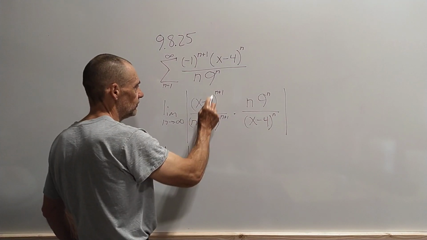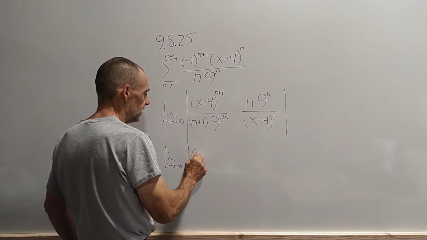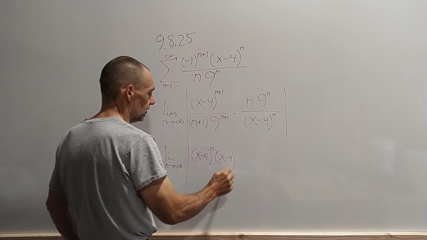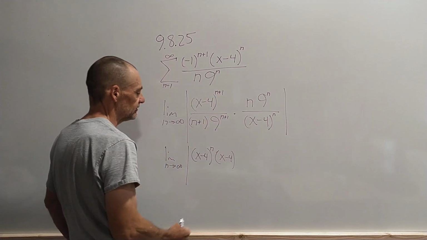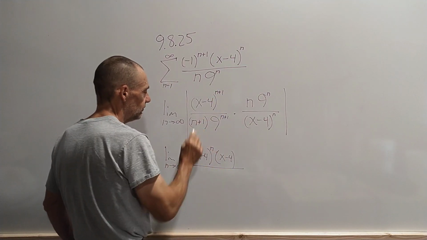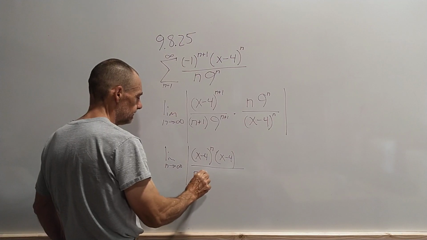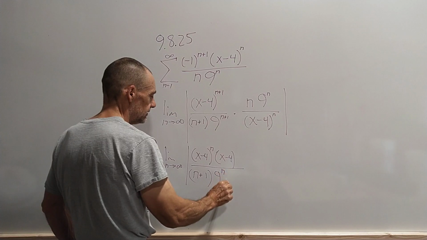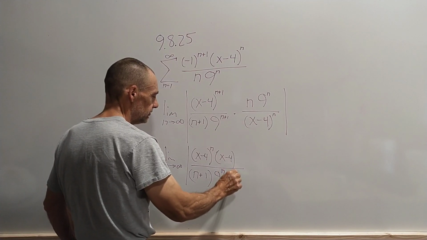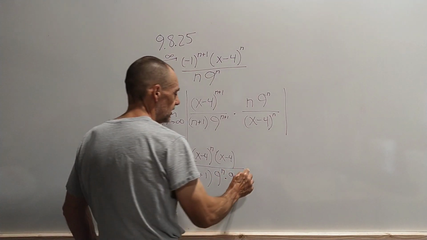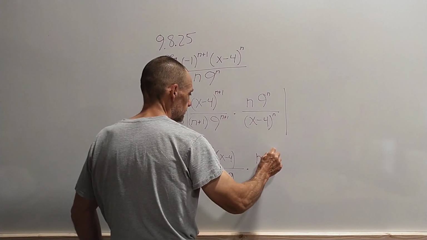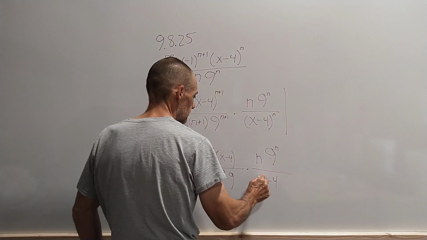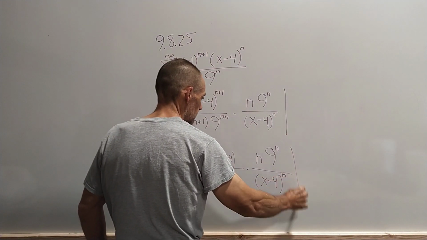Okay, so x minus 4 to the n plus 1, that's x minus 4 to the n times x minus 4 to the 1, because when we multiply, we add exponents. Down here, we've got n plus 1. And then again, 9 to the n plus 1, that's 9 to the n times 9 to the 1. Okay? And then we leave this here. Just like that.